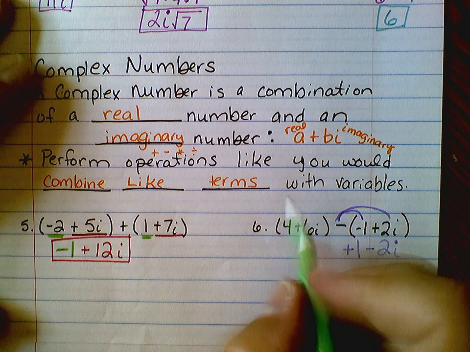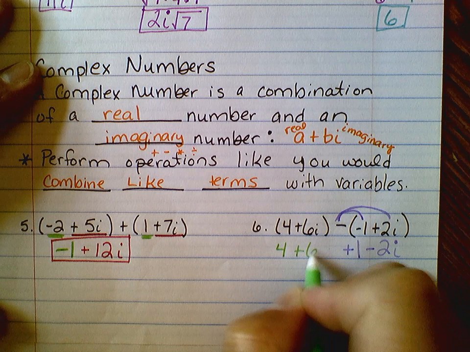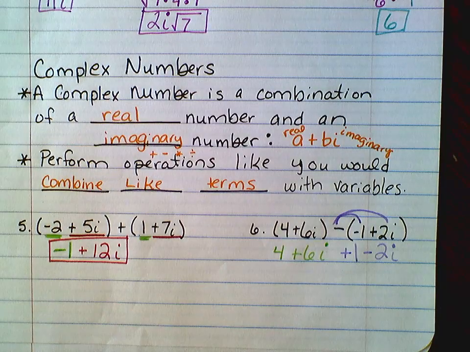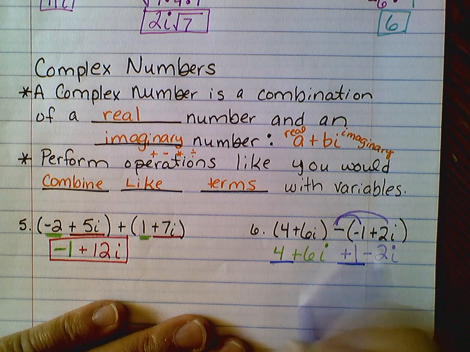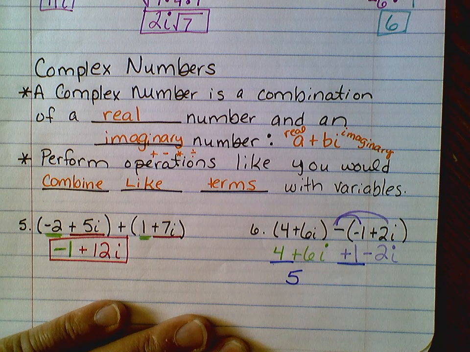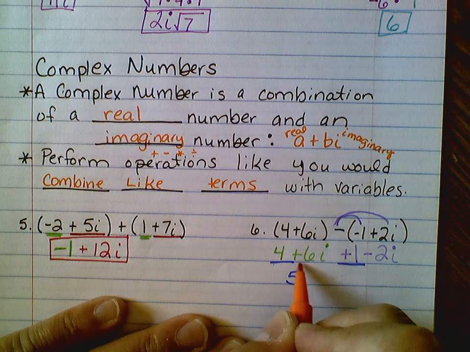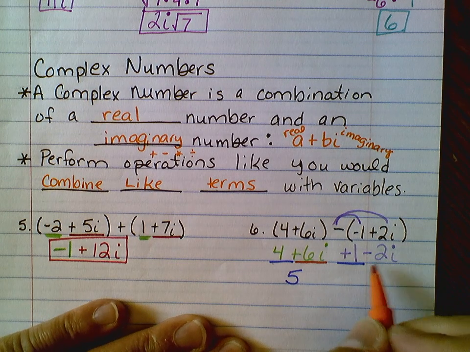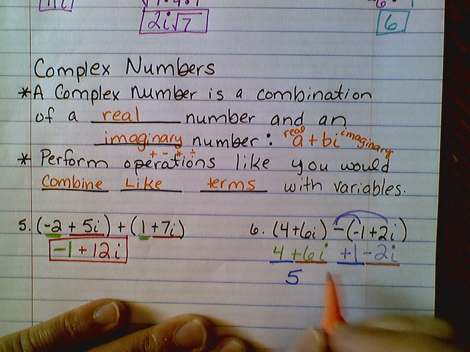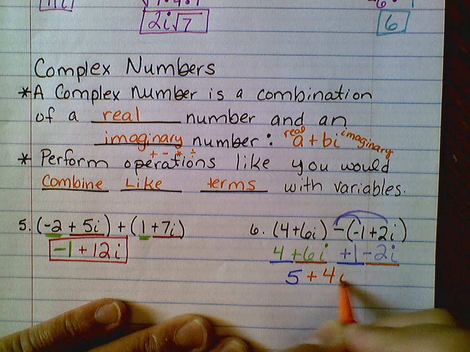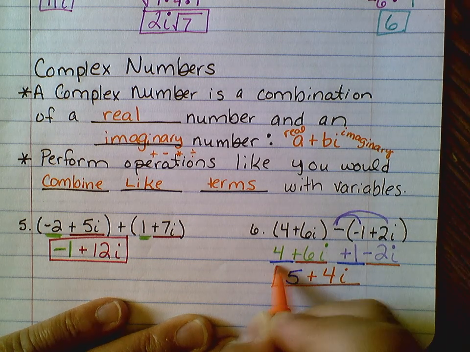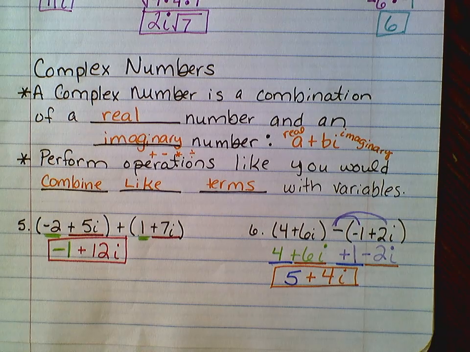And then I will just rewrite the 4 plus 6i part. Again, I'm looking for my like terms. I have the real part of 4 and the real part of 1. 4 plus 1 is 5. And then I have the imaginary part of positive 6i and the imaginary part of -2i. So 6 plus -2 is a positive 4i. So that is my answer there.